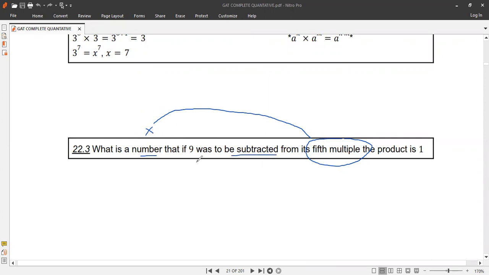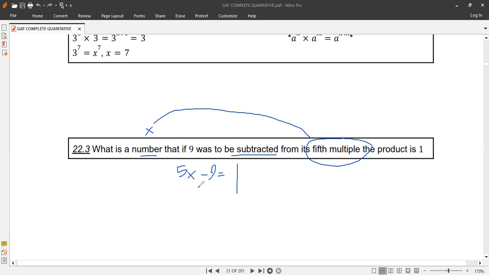So fifth multiple means 5x, minus 9, equals 1. From its fifth multiple, the result is 1.